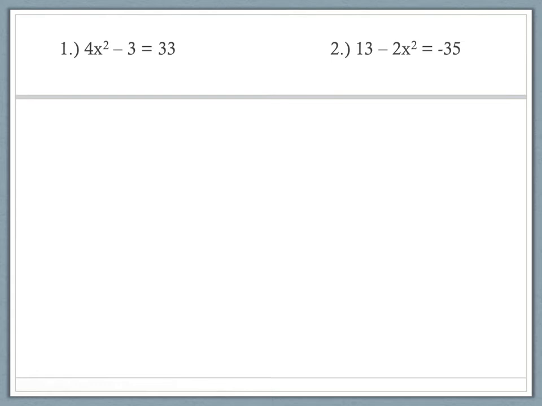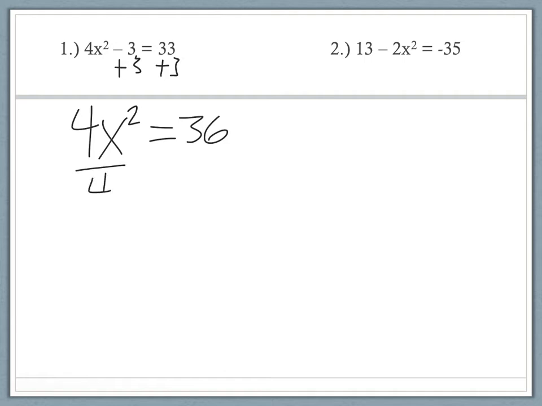So this first one, I need to make sure that the x squared is by itself. So the first thing that I'm going to do is add 3 to both sides. So I'm going to have 4x squared equals 36. Divide both sides by 4 because I need to get x squared by itself. So x squared equals 9.